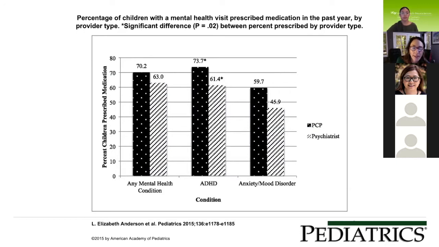And of these, we know that about 35% received outpatient care and only saw a primary care provider. 26% of these saw psychiatrists only, and then 15% saw psychologists or social workers only. About a quarter of these patients saw multiple providers, and the majority of the visits that were handled more in primary care were more ADHD focused. Next slide, please.